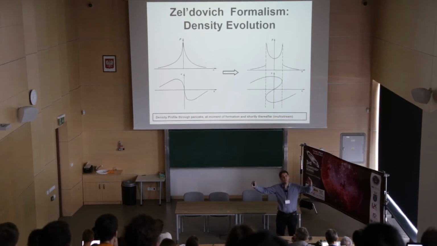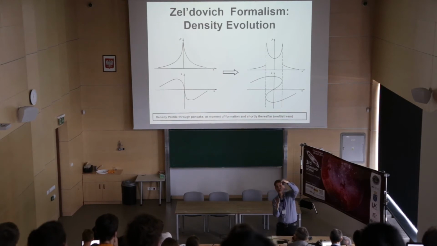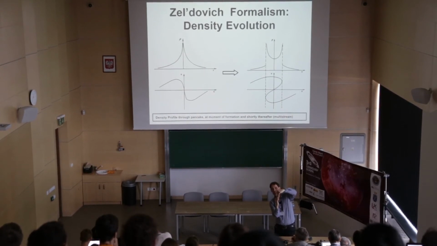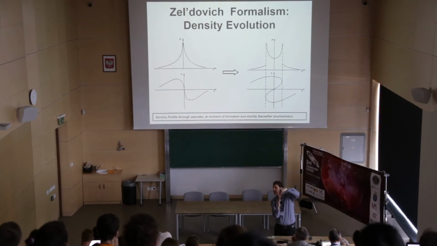So you get the two streams coming from both directions with a lot of mass elements all having arrived at the peak in the density field. Literally a catastrophe, because a lot of the mass elements that originally were at different positions are all at the same position.